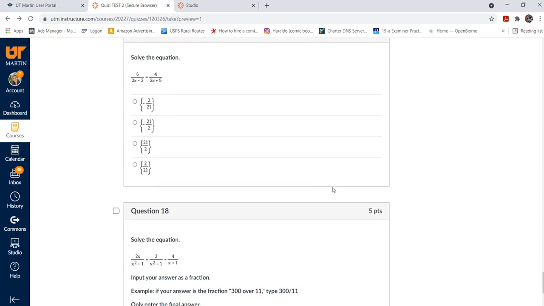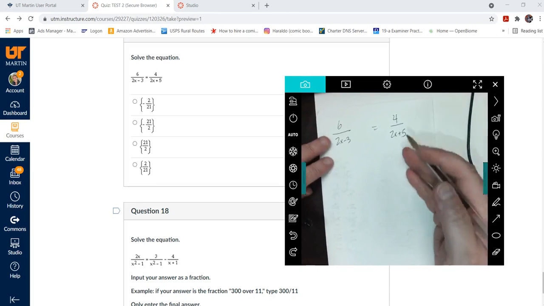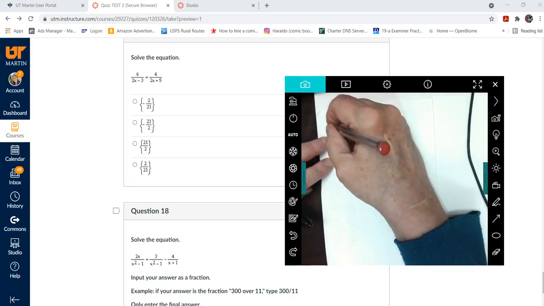All right, we want to solve this equation. There's different ways you could do this. You could give them the same denominator.